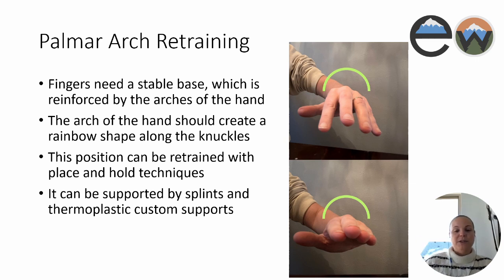Also, some individuals might need a splint or some sort of support that's created by somebody who works with thermoplastics, like a hand therapist, to create that base, to be able to support and just teach the person where the knuckles are supposed to be in space. It can be very hard if you haven't held your body in that position for a while.